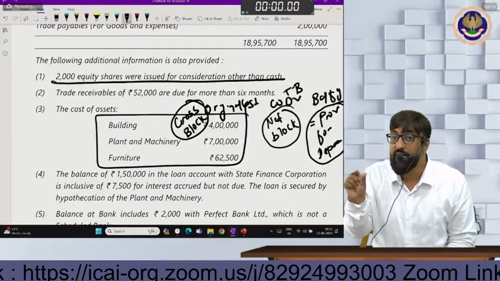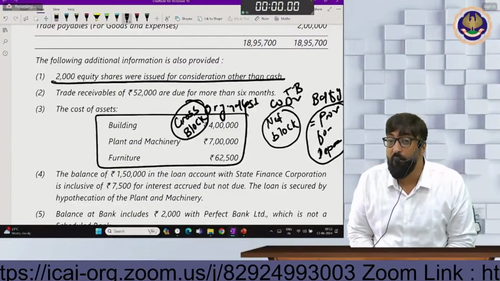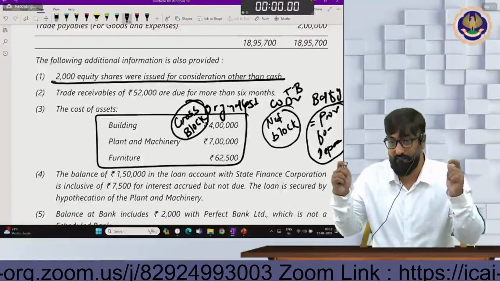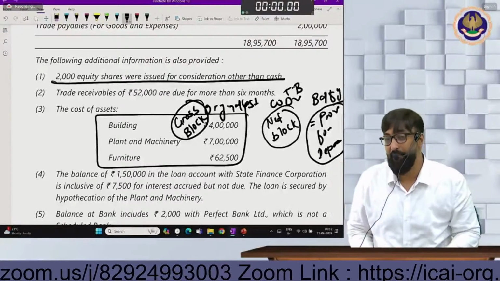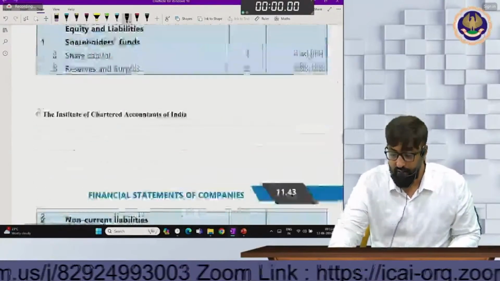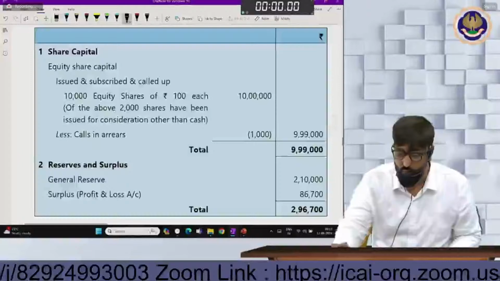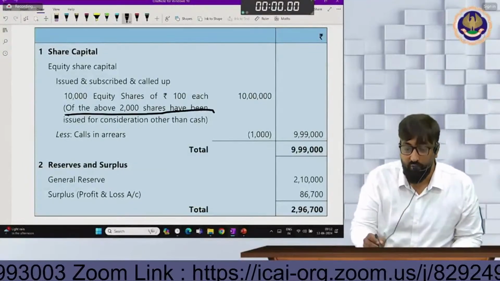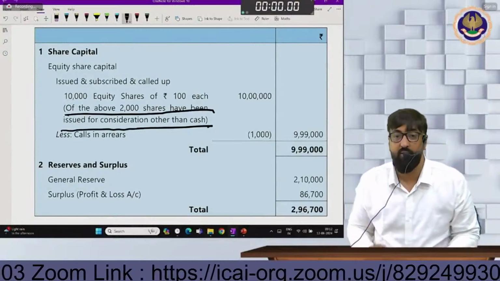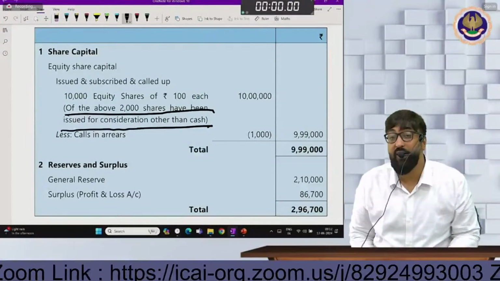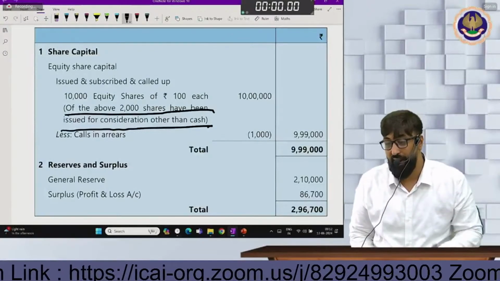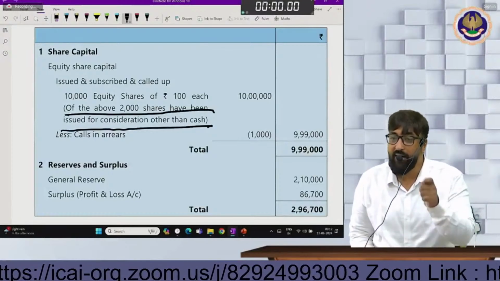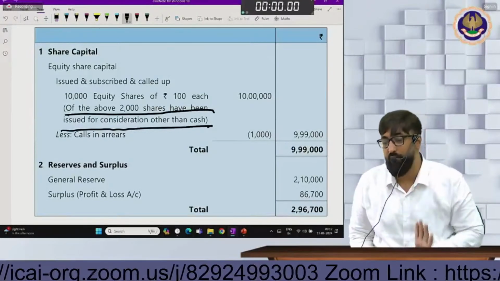2000 equity shares were issued for consideration other than cash. You will write it in notes under share capital. So in share capital, you will give this note: out of above, 2000 shares have been issued for consideration other than cash. And this will carry 1 mark. If you don't write it in notes, you won't get that 1 mark.